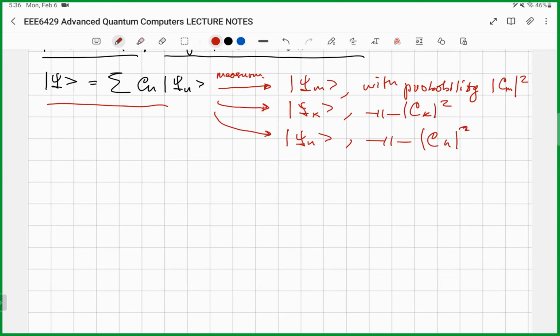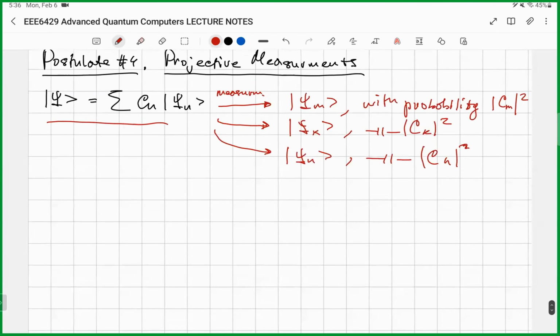And I don't know with certainty, 100% certainty, what state I will detect in the measurement. I can only speak about the probabilities of finding that state or another state, just probabilities. And this probability is described by this c modulus squared.